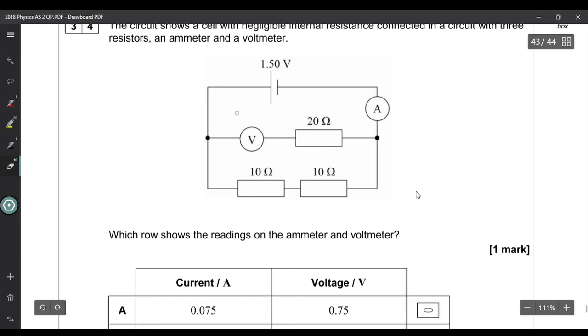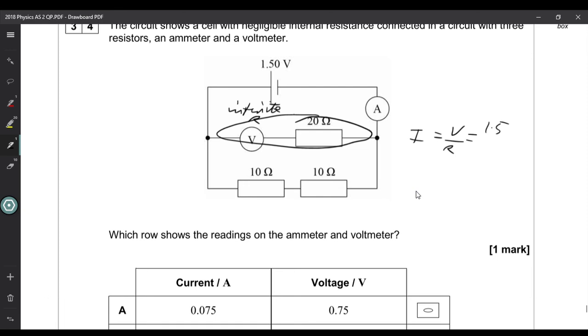voltmeters have infinite resistance. So because this has infinite resistance, then we're going to have no current flowing through this branch at all. We also know that I equals V over R. We know that the voltage is 1.5 across each of the branches, and our resistance is 20.